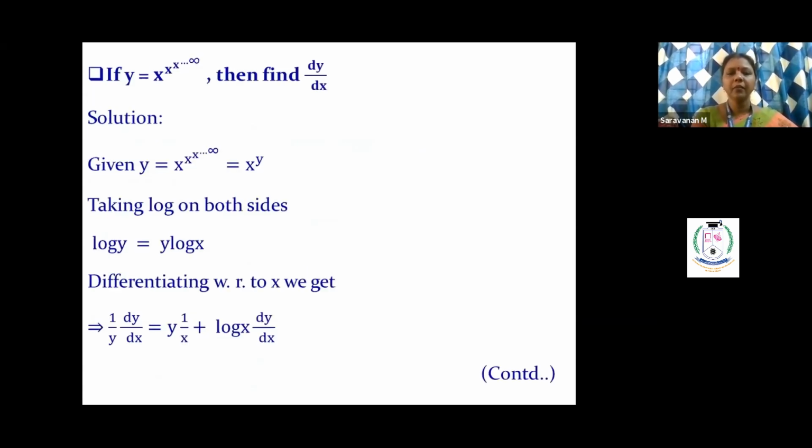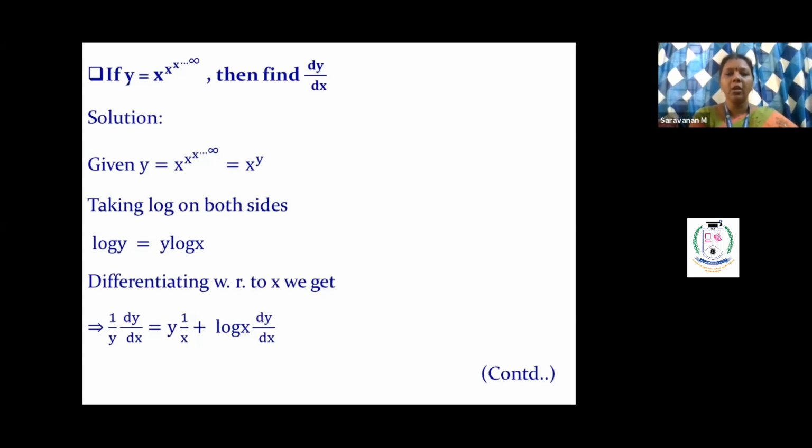See this question. We have y is equal to x power x raised to the power x up to infinity. For this we have to find the derivative. So how can we find the derivative of a function with infinite power? In this case, we have to apply log on both sides.